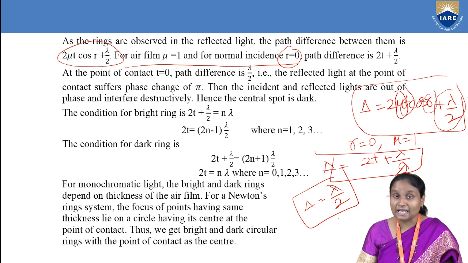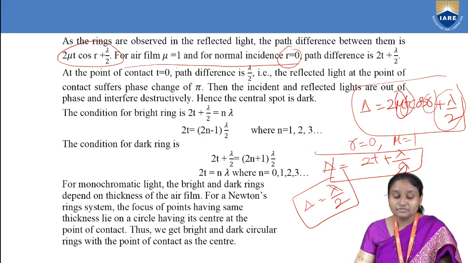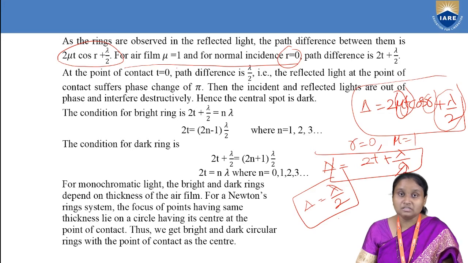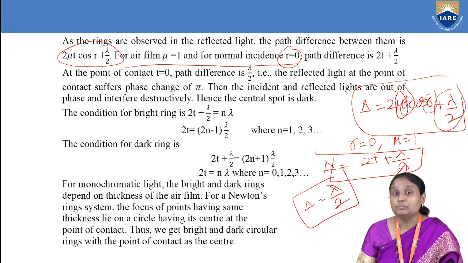So it means that at the point of contact, whatever circular ring is formed, it is a dark circular ring. That's why if you observe Newton's rings through the microscope, the central spot will be dark, and the central spot will be dark only if you consider interference of light reflected from the top and bottom surface of the air film. Whereas if we consider interference due to light transmitted through the top and bottom surface of the air film, then in that case our central spot will be bright.